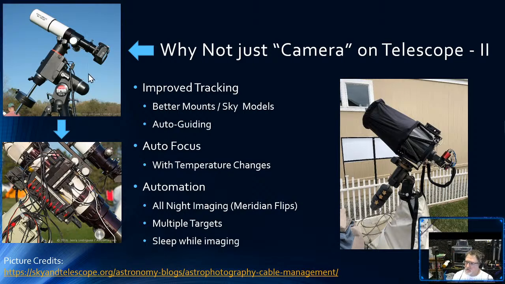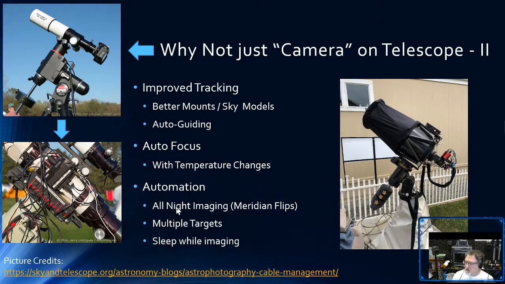And that has to do with German equatorial mounts, which I don't really cover in this talk, but all of the astro imaging mounts, or let's say 95% of them, are German equatorial mounts. They can't cross the meridian directly. They have to go back through Polaris and come at it from the other side to avoid banging the camera, if you've got a long refractor, banging the camera into the mount leg or something.